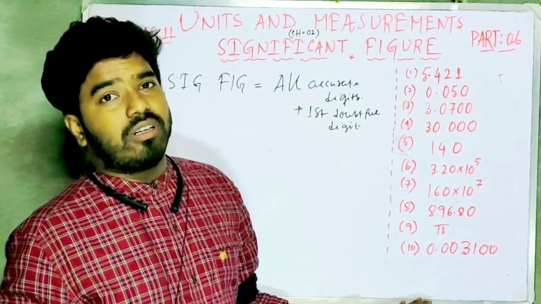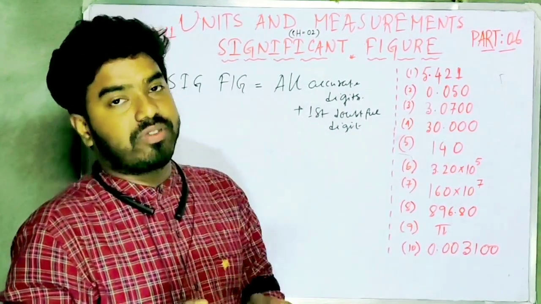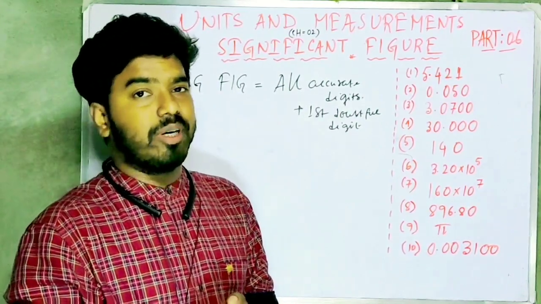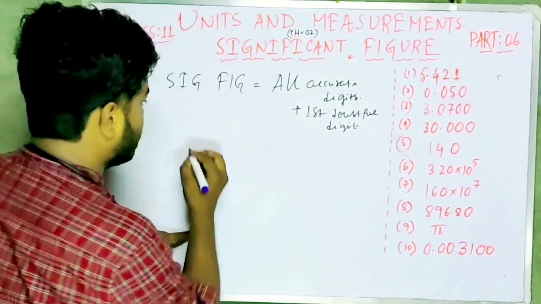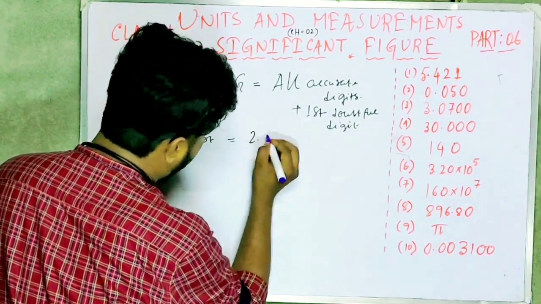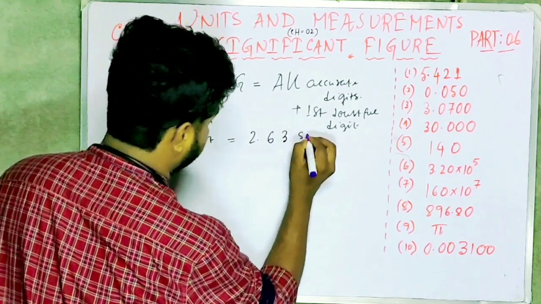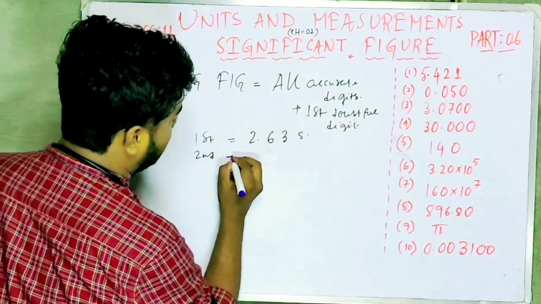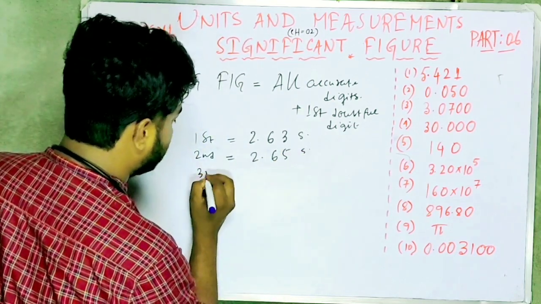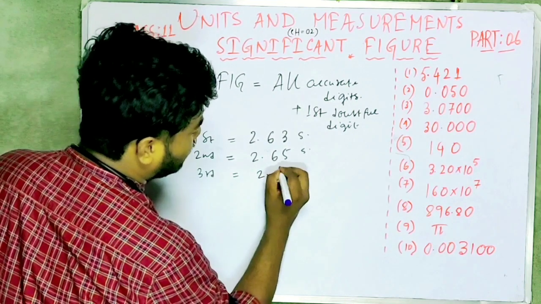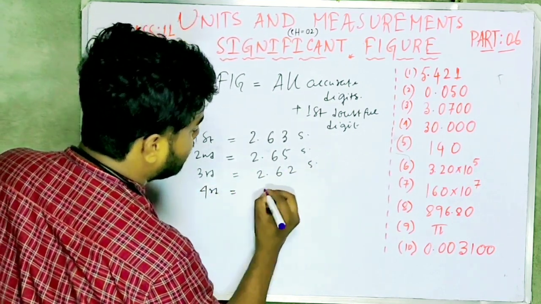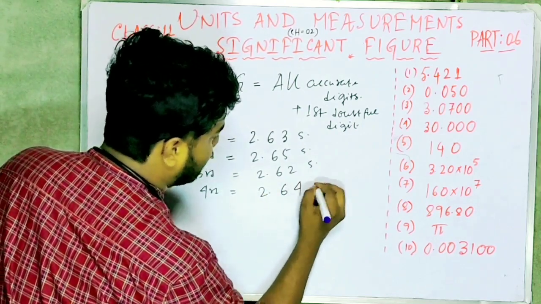Suppose some students are doing a physics experiment for evaluating the time period of a simple pendulum. The first student says the time period is 2.63 seconds. The second one measures the value as 2.65 seconds. The third one, 2.62 seconds. Similarly, the fourth one, 2.64 seconds.